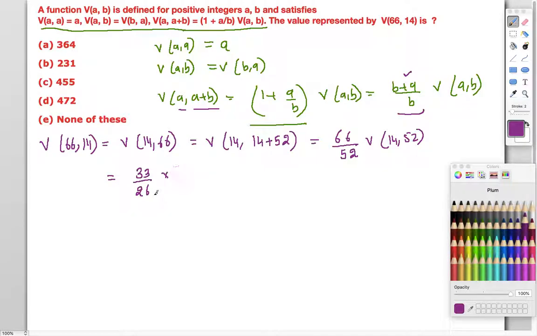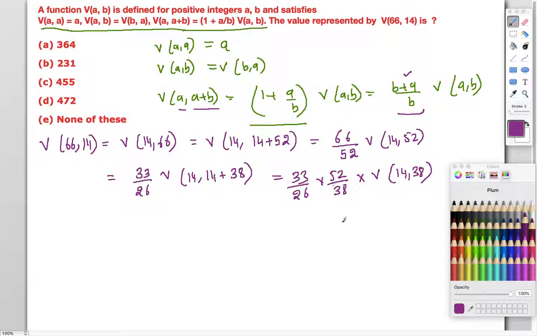Let me write it step by step: 33 by 26 into V(14, 14 + something) equal to 52. Subtracting 14 from 52 gives 38. 14 plus 38 is 52 here. So this expression is equal to 33 by 26 into 52 by 38 into V(14, 38).